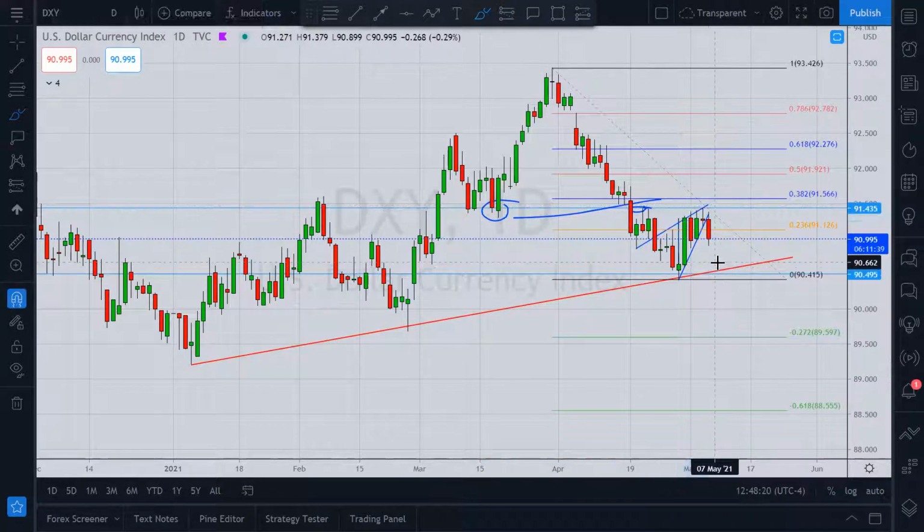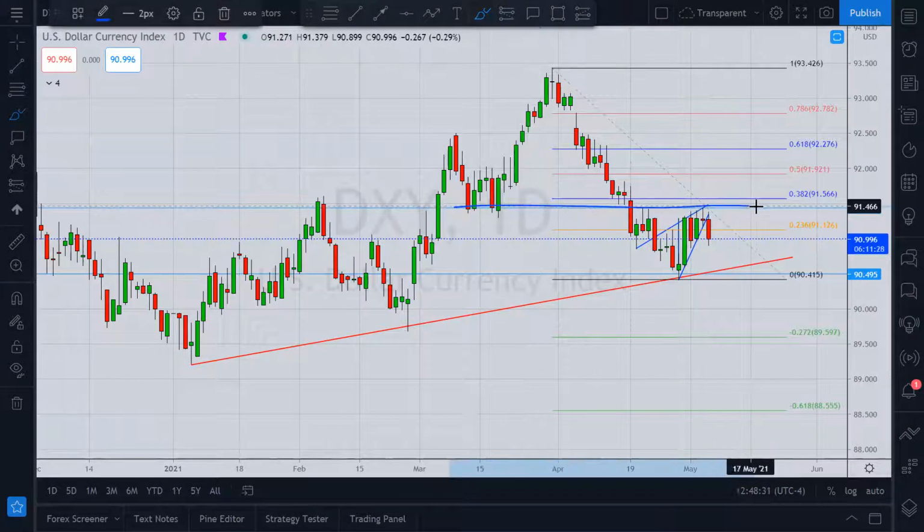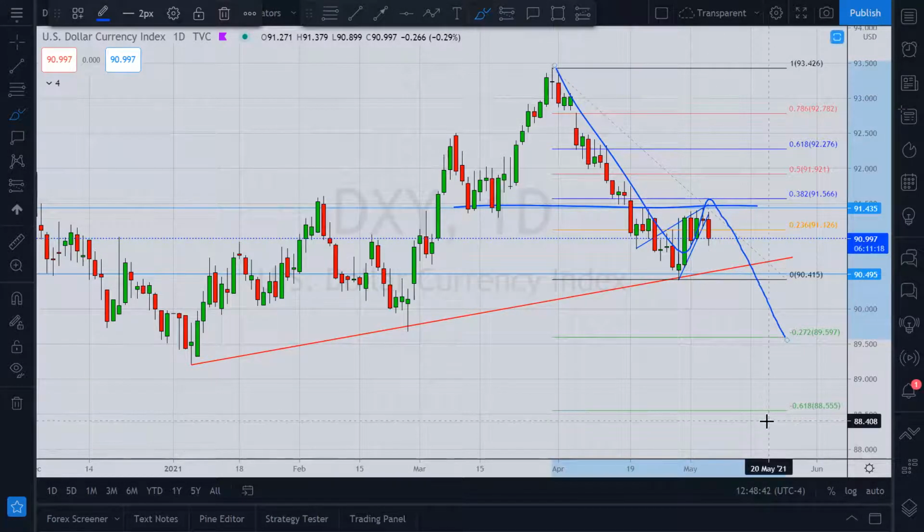We found structure here, and that's where price finds its rejections. Because of the bearish reactions and the wick rejections, I think we have satisfied the pullback phase of this movement. We are now looking for the impulse, the continuation of the trend.